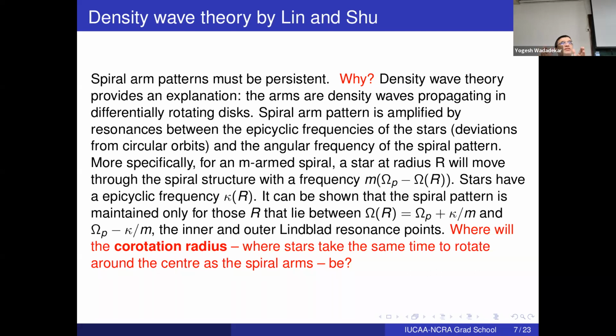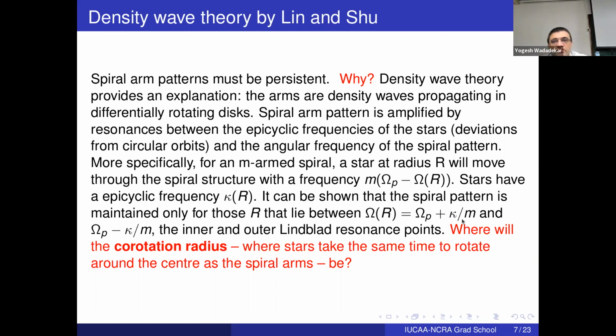So if the rotation curve is flat, the angular frequency near the center should be higher than the angular frequency outside. So there will be a point where omega_p is equal to omega(r). This is referred to as the co-rotation radius.